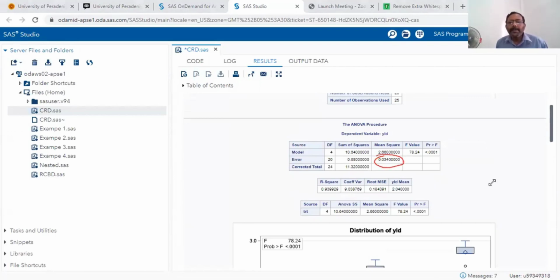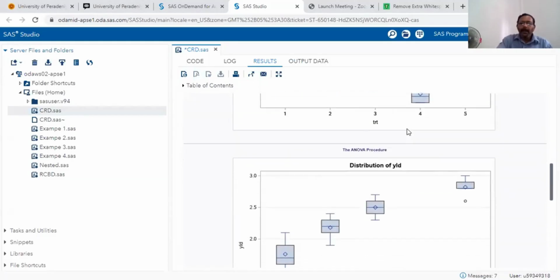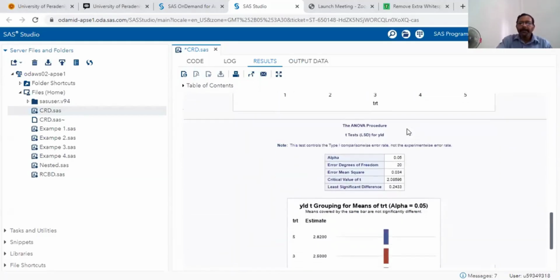This is the mean square of error, 0.034. So you got all this information. Mean square error and degrees of freedom are from the ANOVA table. This is alpha. These three.